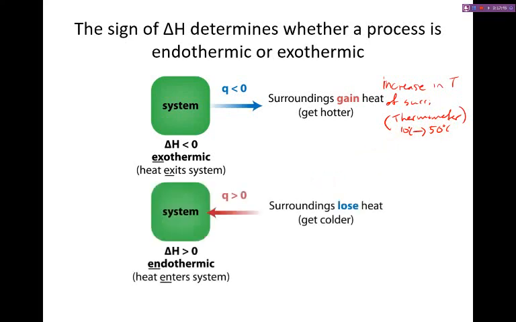The opposite process, an endothermic reaction, is one where the system gains heat. The surroundings lose heat, and so we observe a decrease in temperature. The thermometer goes from 50 to 10, let's just say.